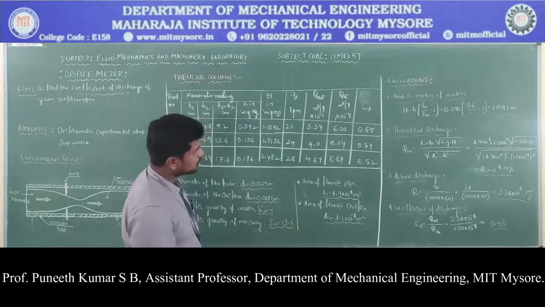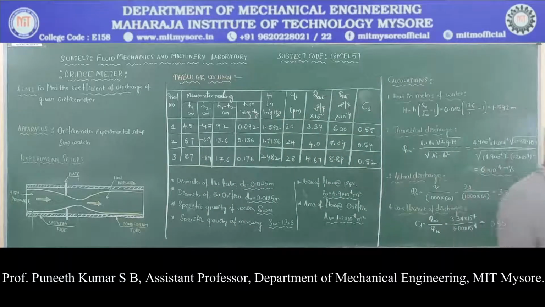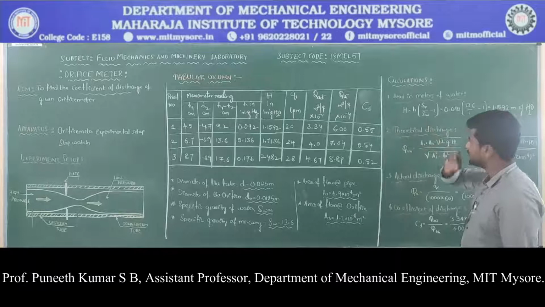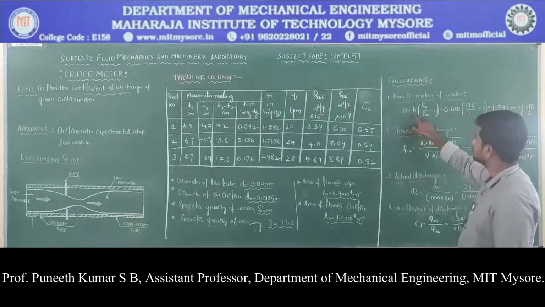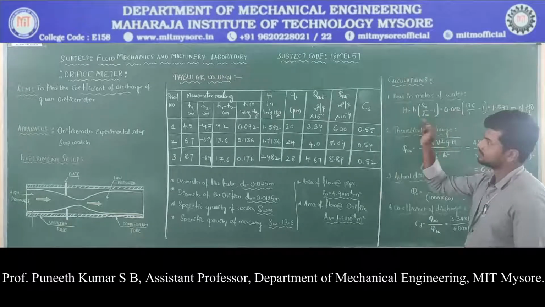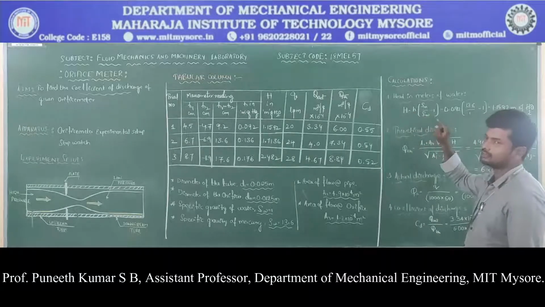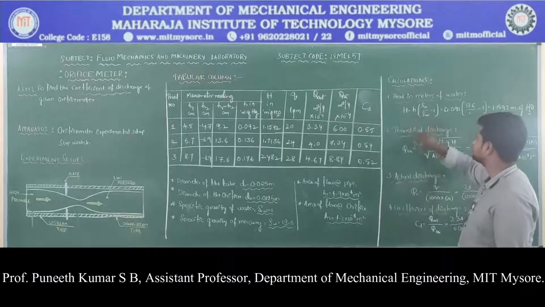Now to get it in meters of water, let me say the capital H is the head in meters of water. Small h is the notation in terms of meters of mercury or Hg.